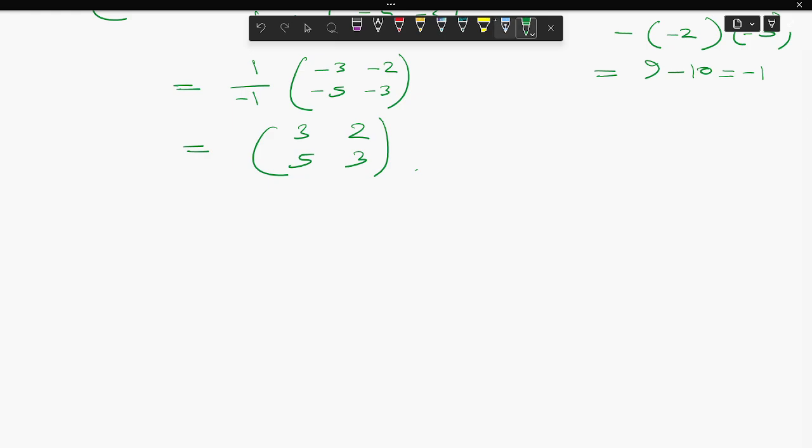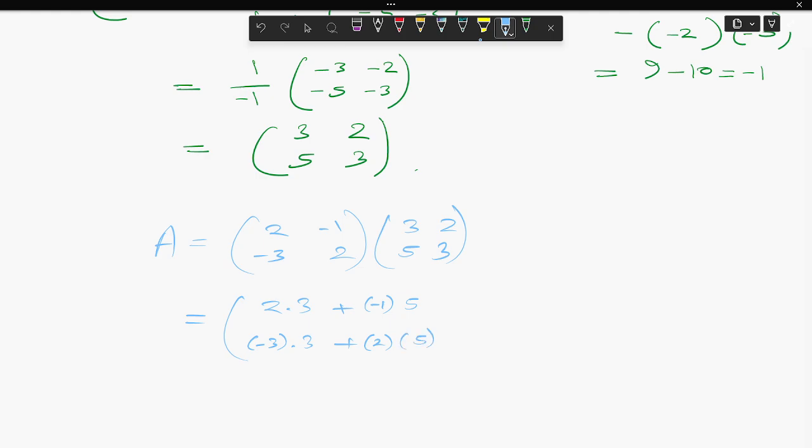That's all. Now what will our A be? Our A will be equal to B inverse, which is [2 -1; -3 2], times [3 2; 5 3]. We use matrix multiplication to solve it: 2 into 3 plus minus 1 into 5, then 2 into 2 plus minus 1 into 3, then minus 3 into 3 plus 2 into 5, and minus 3 into 2 plus 2 into 3.